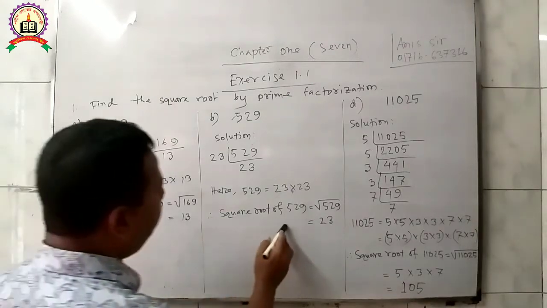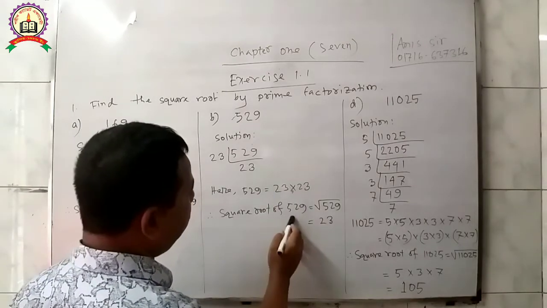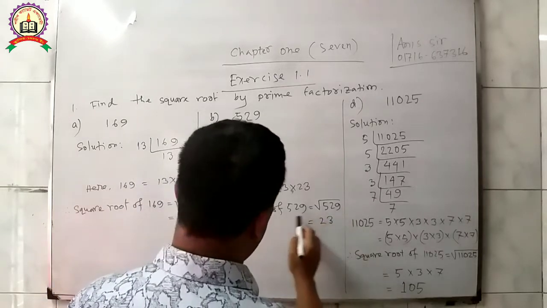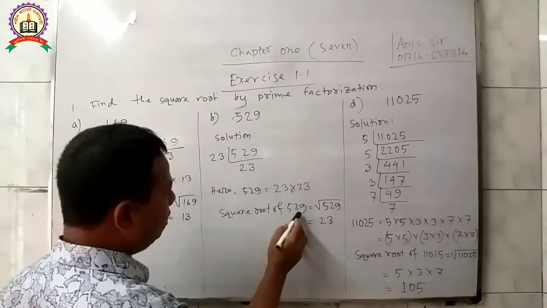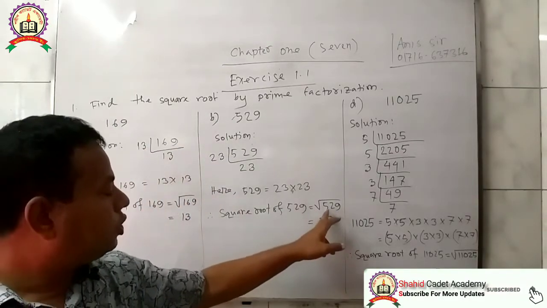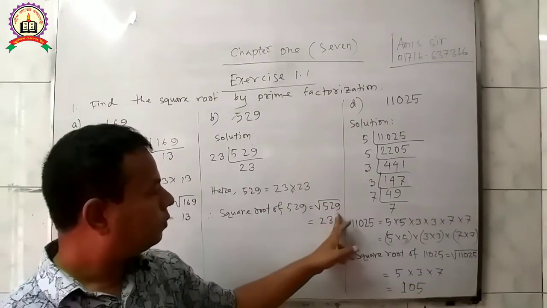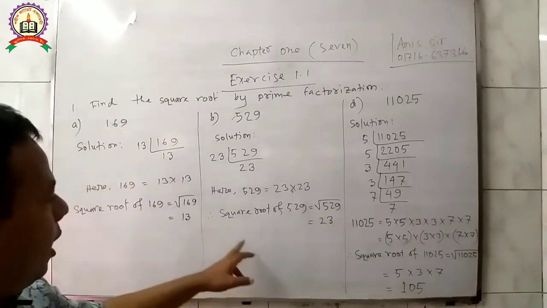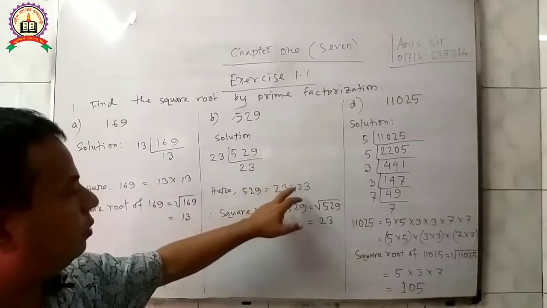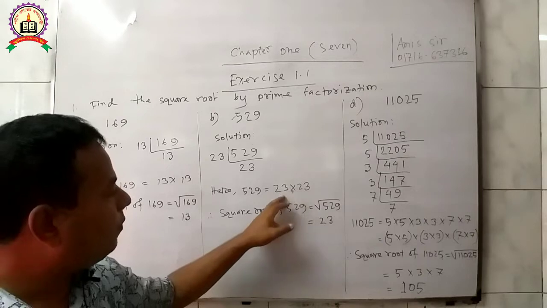So the square root of 529 is equal to root over 529, because we can write the square root of 529 in this way. And we get 23, because there is only one pair, and we take one factor from every pair.